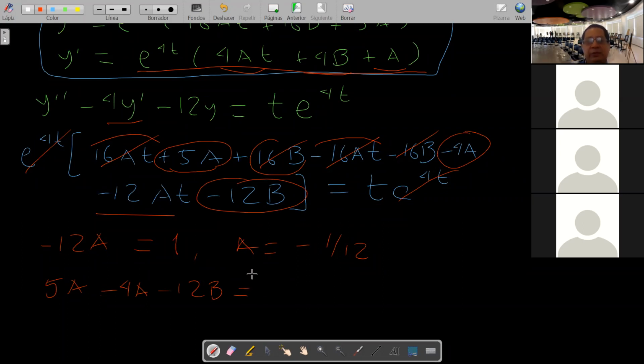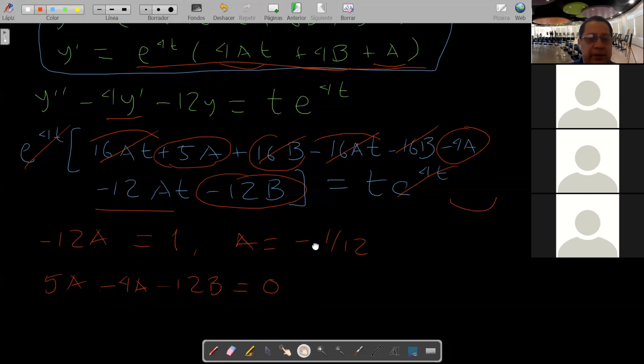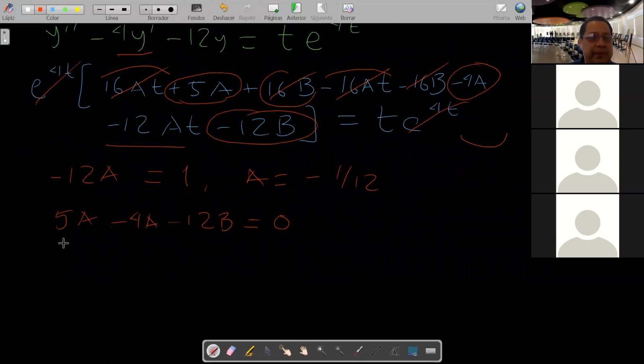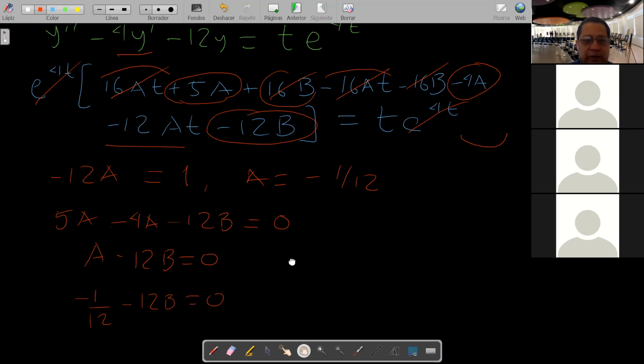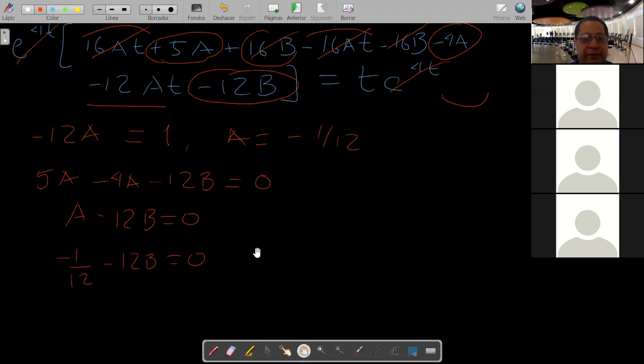And that should be equal to 0 because there is no independent coefficient on the right side. So this is just 8 minus 12B is equal to 0, but we already know the value for A, which is negative 1 over 12. And from here we can find the value for B.